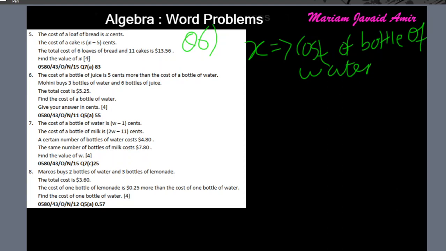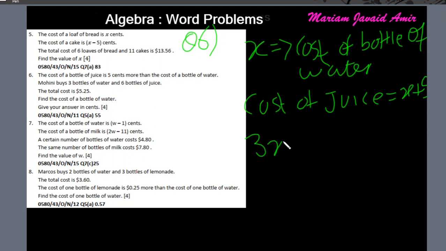Then the cost of a bottle of juice is 5 cents more than the cost of the bottle of water, so that will be equal to x plus 5. So now we know that Mohini buys 3 bottles of water, so 3 times x, plus she also buys 6 bottles of juice, so 6 times (x plus 5), equals 5.25.